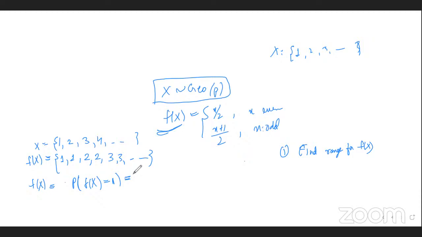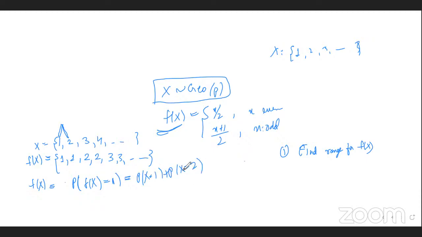For what values is f of x 1? For x equals 1 and for x equals 2, right? For both these x, f of x is taking the value 1. So you have to do probability x equals 1 plus probability x equals 2.